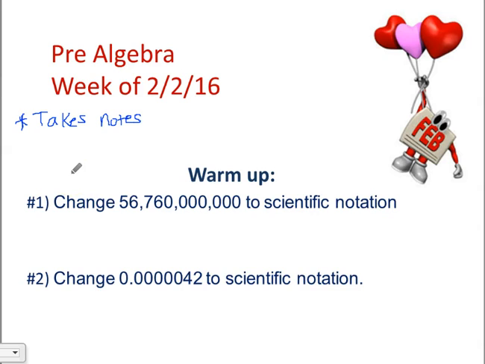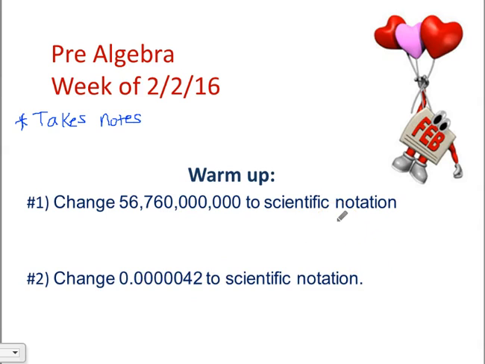So let's warm up with something we looked at last week, where we were taking very big numbers and very large numbers and converting them to scientific notation. So the first warm-up question, you're going to change this very large number into scientific notation, and the second one, you're going to change that very small number into scientific notation.